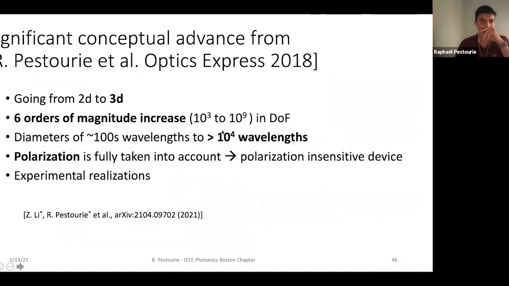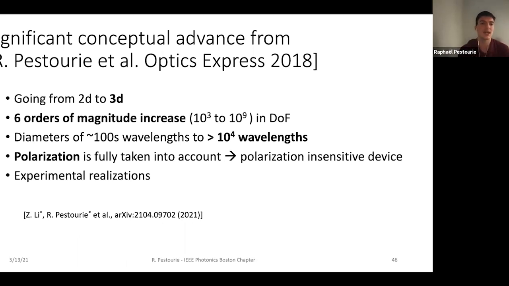And I don't want to sweep under the rug the fact that this is a significant conceptual advance compared to this paper from 3 years ago. Going from 2D to 3D is a lot of legwork, but also the number of degrees of freedom is a 6 orders of magnitude increase.